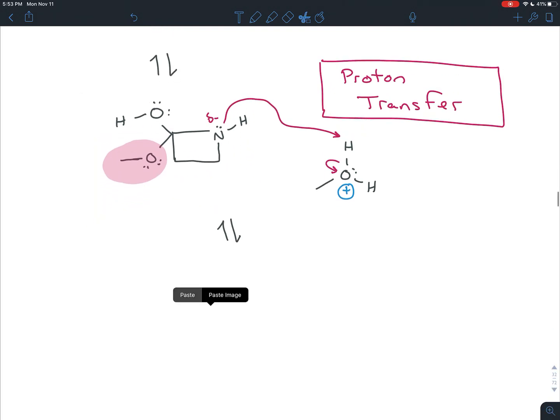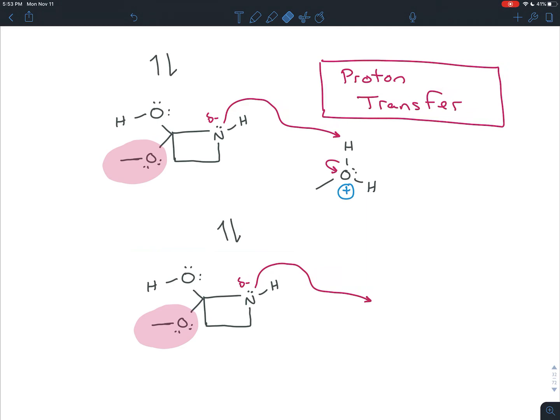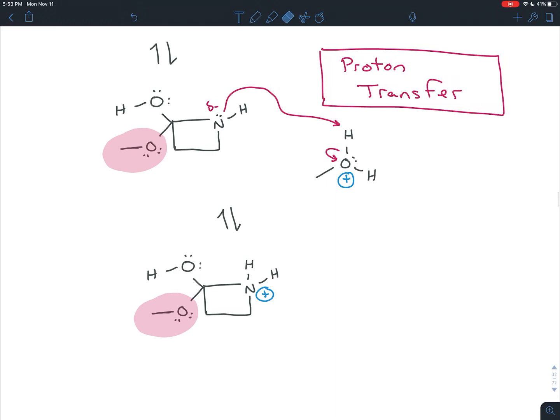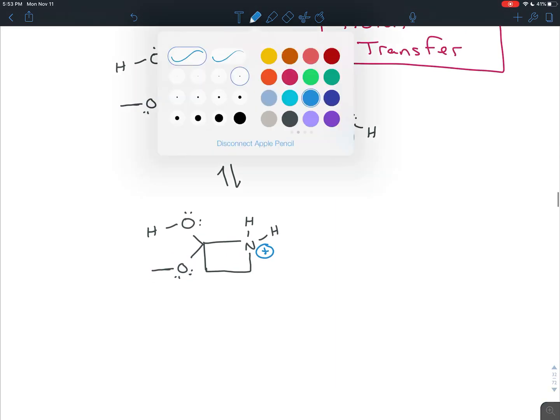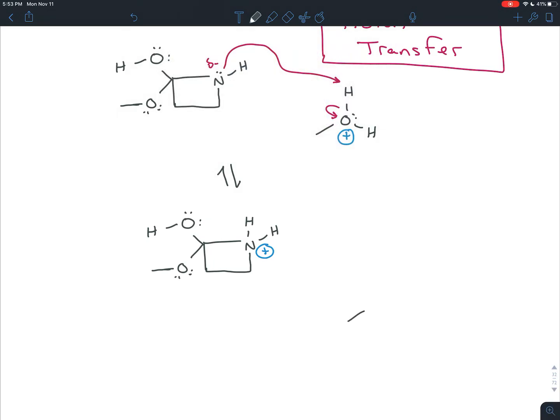So you change the reactivity of something by doing a proton transfer. So now, that lone pair goes to attach a hydrogen on here. The nitrogen has 4 bonds and therefore a full positive charge. And we have a methanol molecule floating around. That's what became of this.